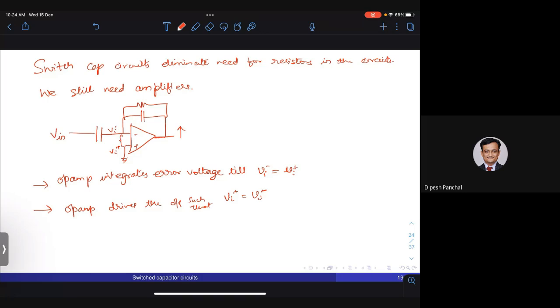Now, can we avoid this op amp and still get the same function of Vi plus becoming equal to Vi minus? It turns out that it can be done by using a comparator instead of an op amp. Instead of using an op amp which amplifies the difference of Vi plus and Vi minus and charges the output, the suggestion is that I will use a comparator.